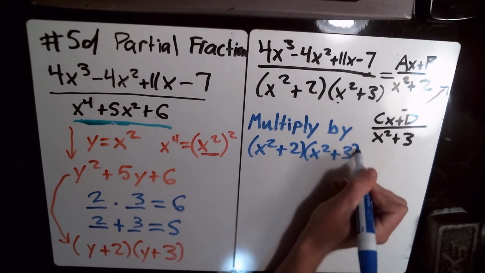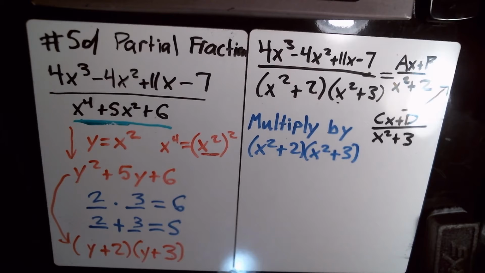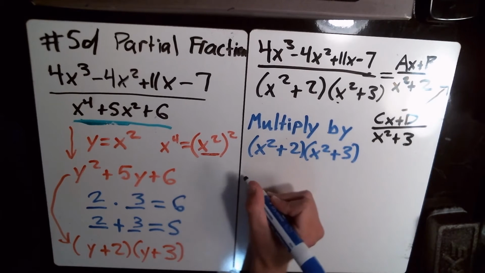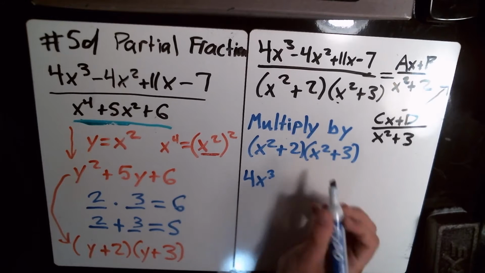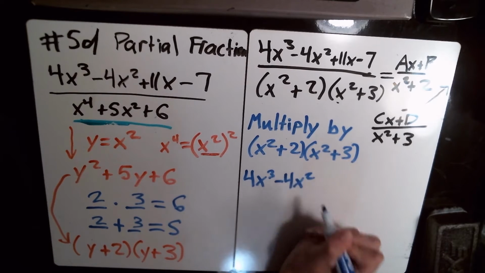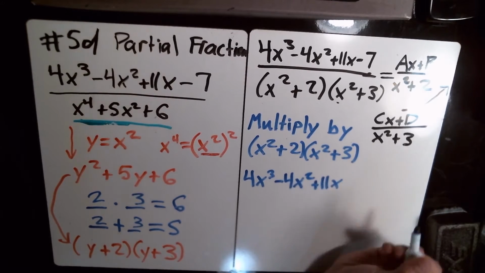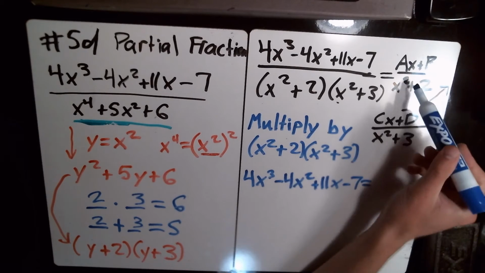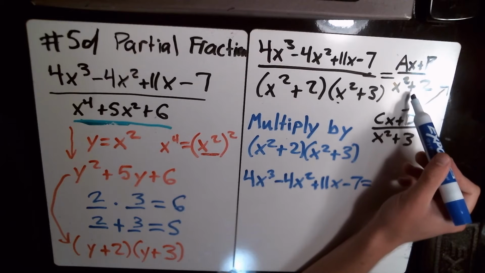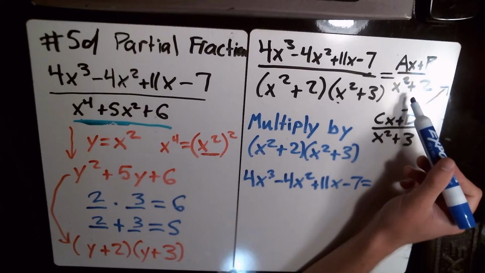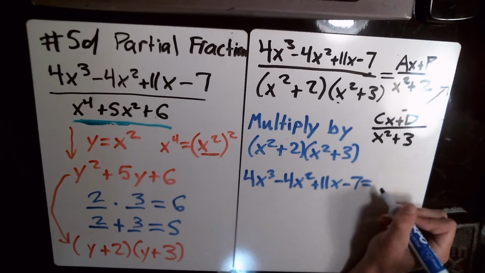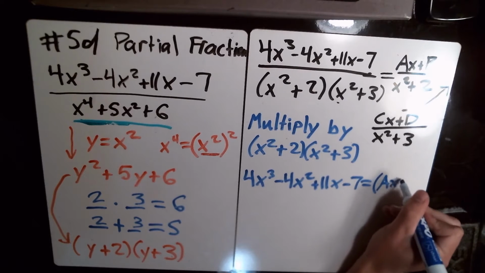So we're going to multiply by x squared plus 2 times x squared plus 3, and that will cancel out the bottom on that side. So we will get 4x cubed minus 4x squared plus 11x minus 7 is equal to. And then when we times it on this other side, the x squared plus 2 will cancel out on that first part, but we're left with x squared plus 3. So we get ax plus b.